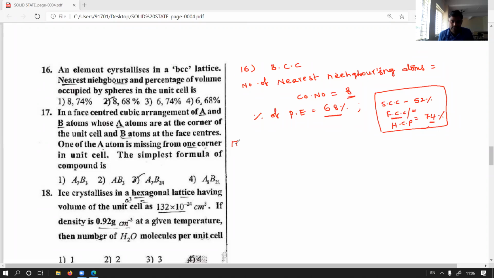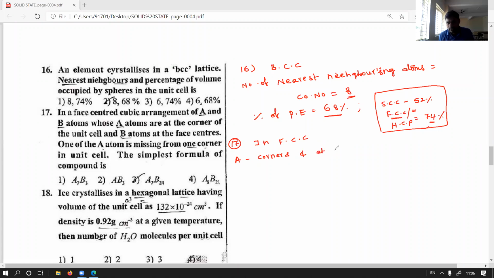Okay, let's see the next, 17th question. In face centered cubic arrangement, meaning FCC arrangement, A atoms and B atoms. A atoms are present at corners, and one corner is missed.